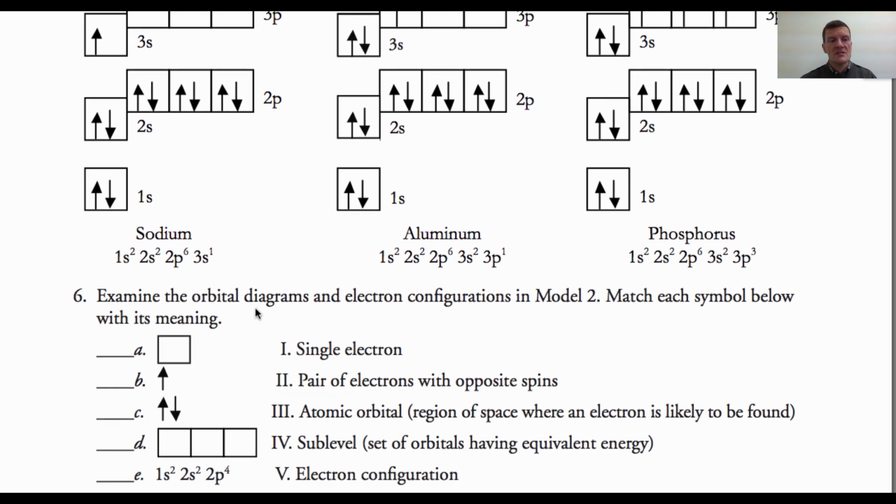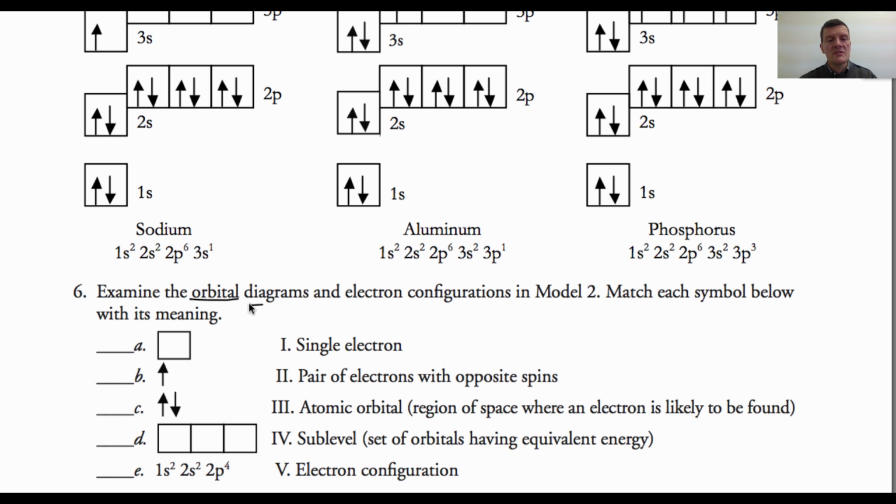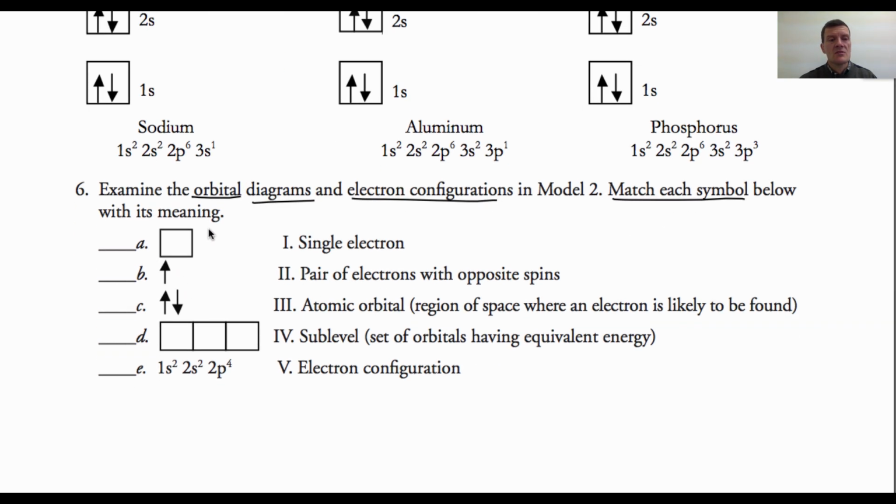Let's answer some of the questions. Examine the orbital diagram and electron configurations. Match each symbol below with its meaning. So this right here is going to be your atomic orbital. That box is representing your atomic orbital. The up arrow is representing a single electron, and the up and down is representing a pair of electrons with opposite spins. 3 boxes, or however many boxes, could be 5 or 7.